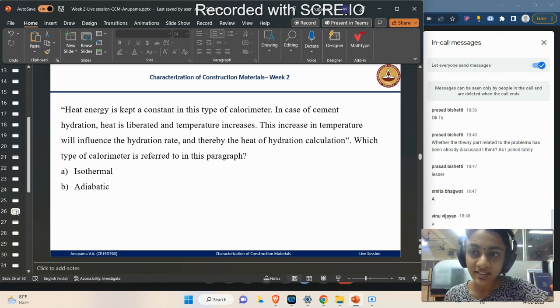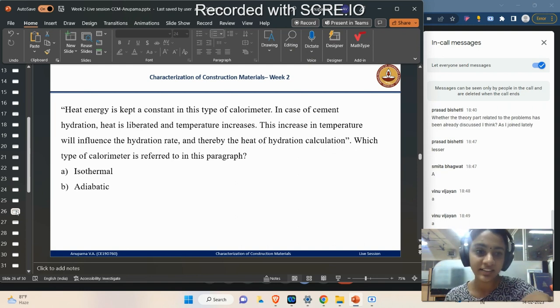It says that in this type of calorimeter, heat energy is kept a constant. In case of cement hydration, heat is liberated and the temperature increases, and this increase in temperature will influence the hydration rate and thereby the heat of hydration calculation. Which type of calorimeter is referred to in this paragraph?